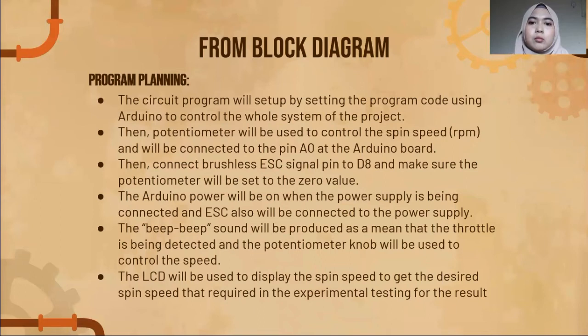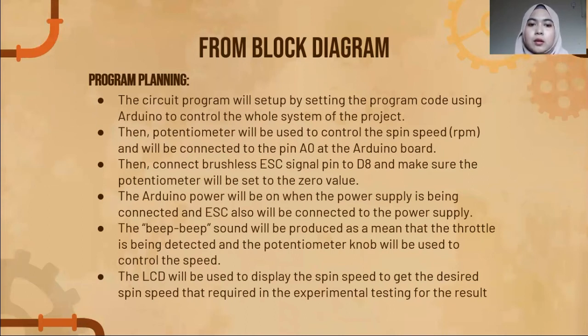Then we will use the potentiometer to control the spin speed in RPM, connected to pin A0 on the Arduino board. Then we will connect the brushless ESC signal pin to D8 and make sure the potentiometer is set to the 0 value first. The Arduino will power on when the power supply is connected, and at the same time the ESC will also be connected to the power supply.